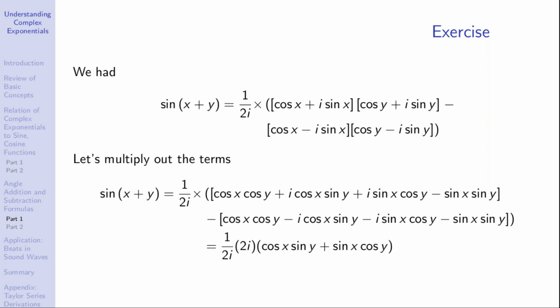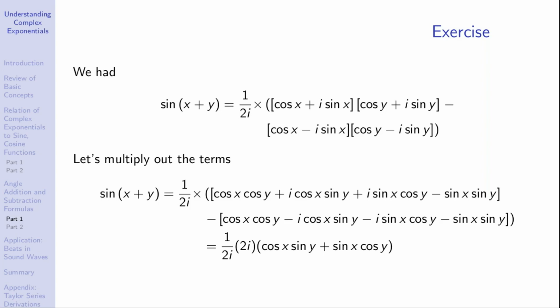However, it simplifies down quite a lot. We can see that the two terms that go as cosine x cosine y cancel out. And also the two terms that go as sine x sine y also cancel out. Additionally, we have two equal terms that look like i cosine x sine y and two equal terms that look like i sine x cosine y.